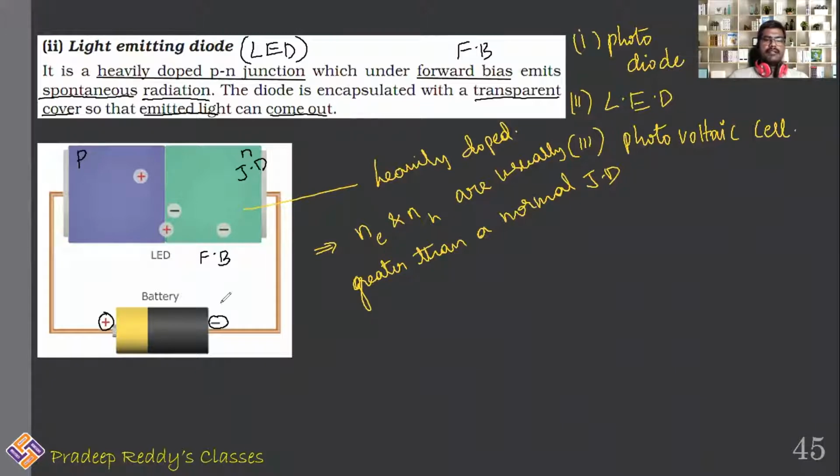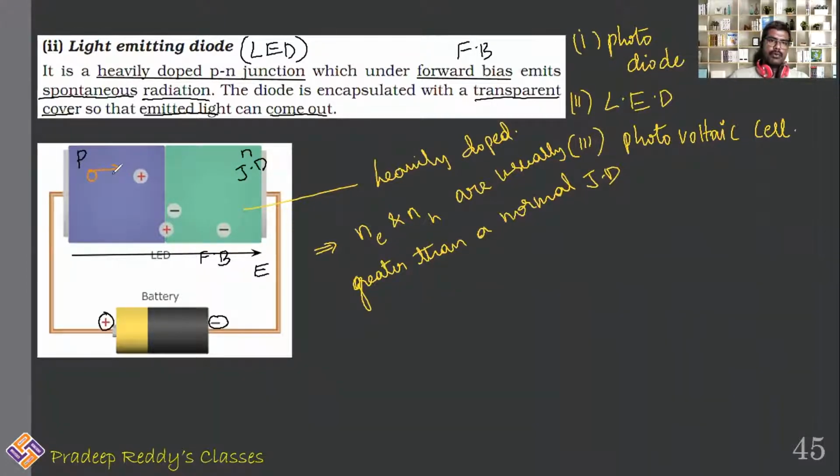When it is connected in forward bias, an electric field is set up within this junction diode from positive to negative type. This is the electric field setting up in the junction diode. As the electric field is towards the right side, holes will be traveling in the same direction. This is a hole.